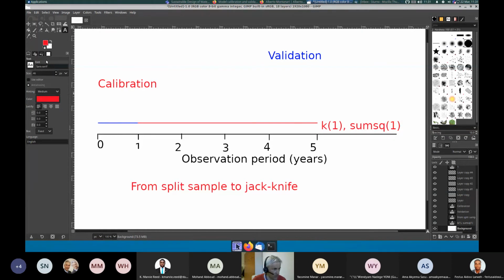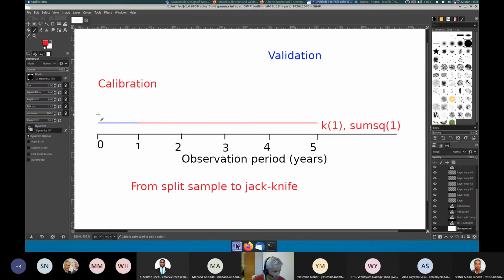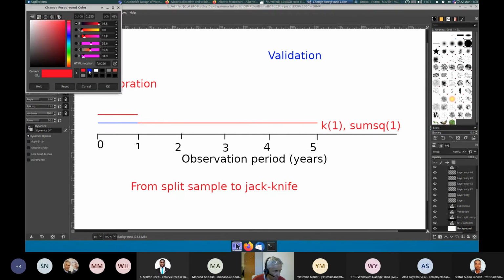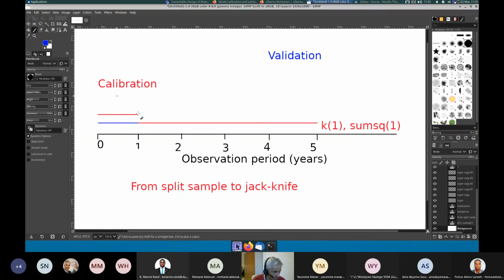The next one is first year for calibration together with years from, let me just do like this. Second year for validation, and then again calibration.